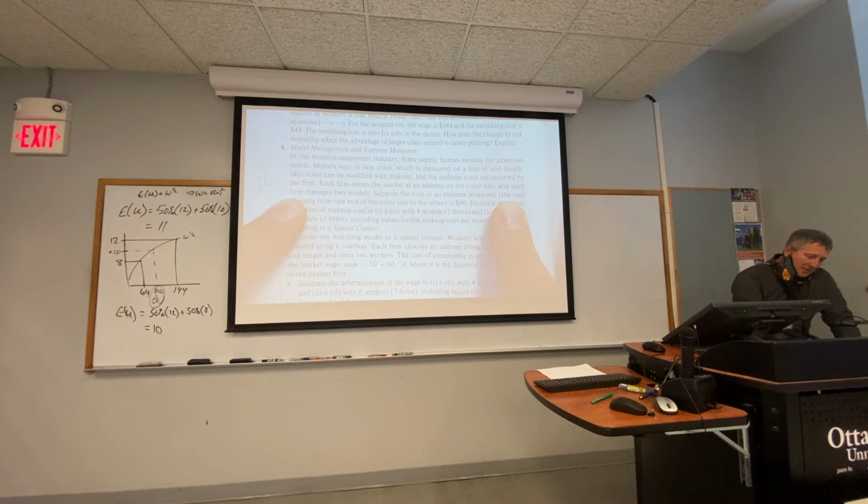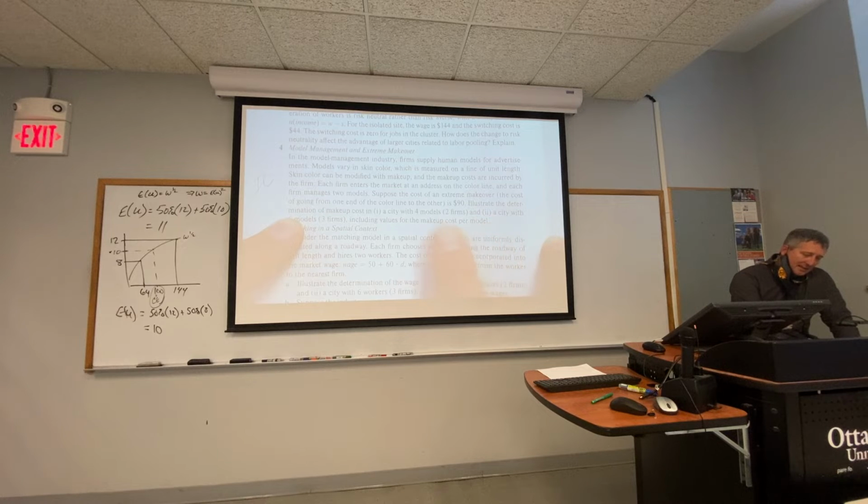Each firm enters the market at an address on the color line, and each firm manages 2 models. Suppose that the cost of an extreme makeover, the cost of going from one end of the color line to the other, is $90. Illustrate the determination of makeup cost in a city with 4 models and 2 firms, a city with 6 models and 3 firms. Include the values for the makeup cost per model.